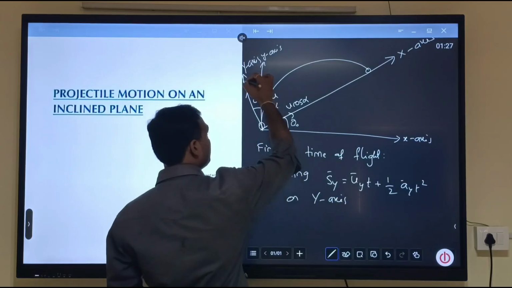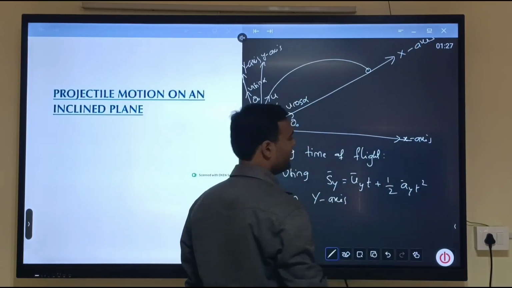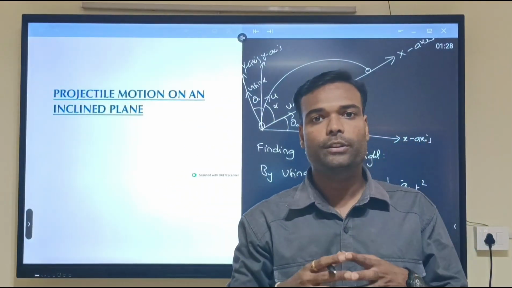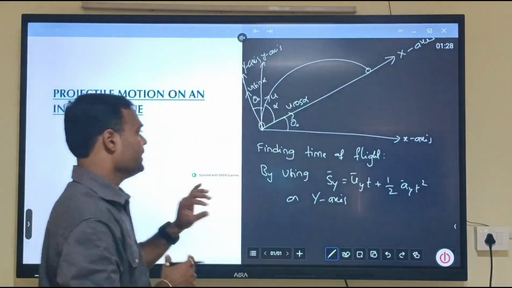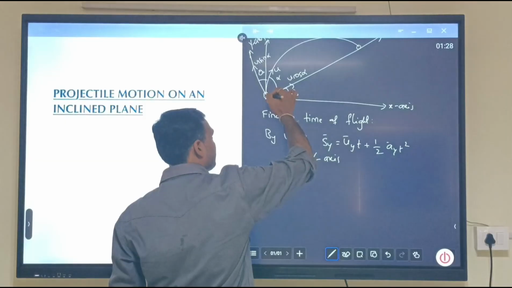Here I am considering this is capital Y, this is capital X axis, this is normal Y axis, this is normal X axis. Right? So on capital Y axis I am going to solve Sy is equal to uy t plus half ay t square.